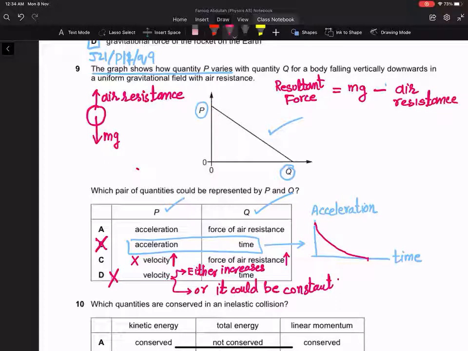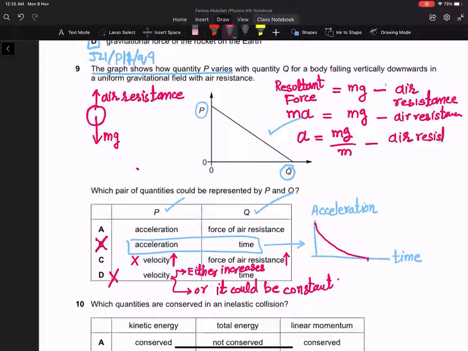And now, if we write resultant force as ma is equal to mg minus force of air or air resistance, then the final form of the equation for acceleration will become mg over m minus air resistance over m.